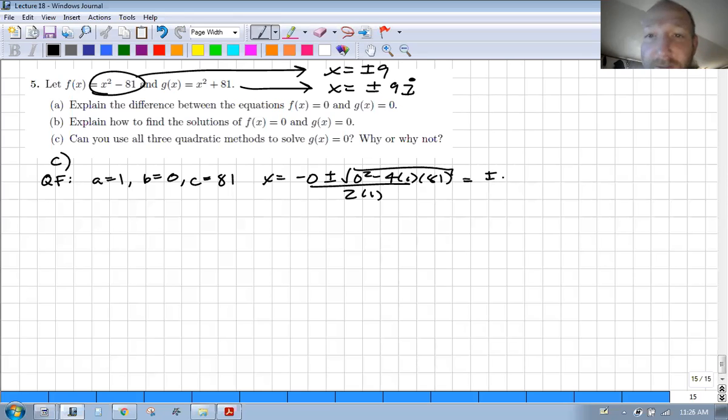So this would give us the square root of 81 over 2. Square root of 81. No, this is a negative in here. Hold on. Negative 81.